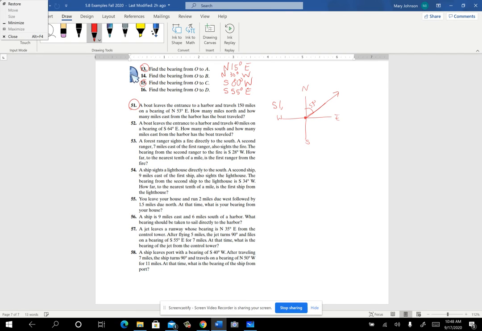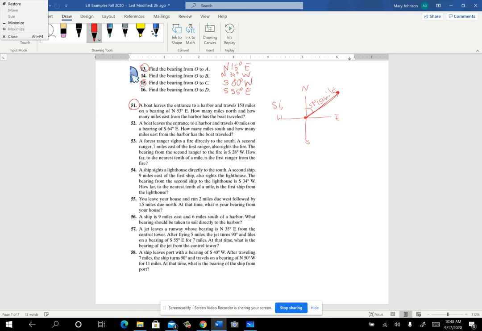And then it says the boat travels 150 miles. So this path actually turns out to be 150 miles. And let's say that's where they got to. And it says how many miles north and how many miles east from the harbor has the boat traveled.